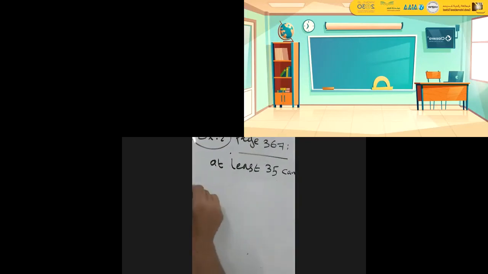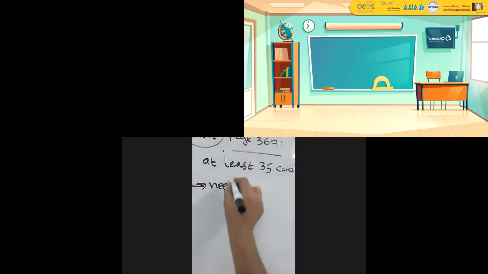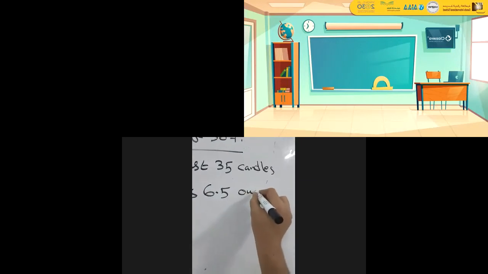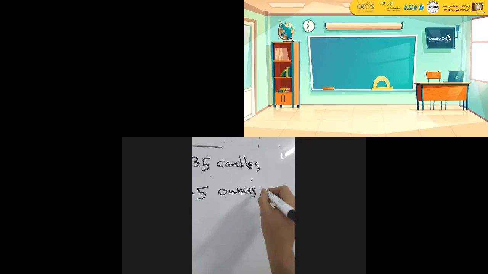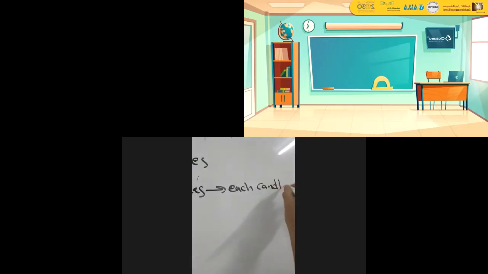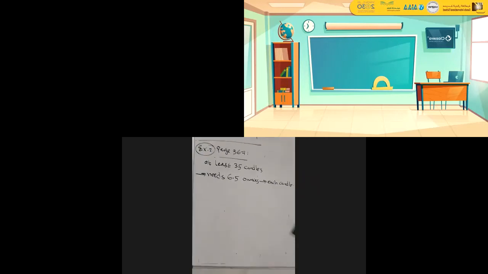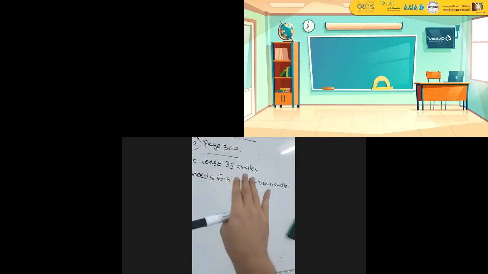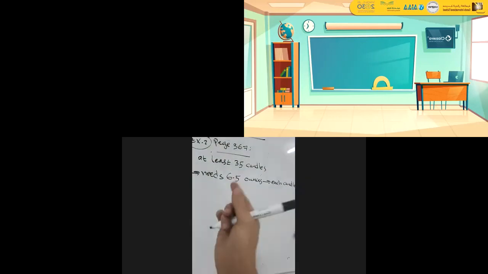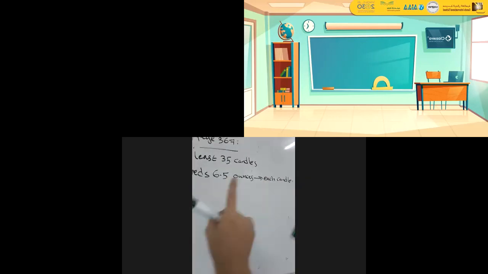Good. She needs 6.5 ounces for each candle. Got it? Yes. So she wants to make at least 35 candles and she needs 6.5 ounces for each candle.